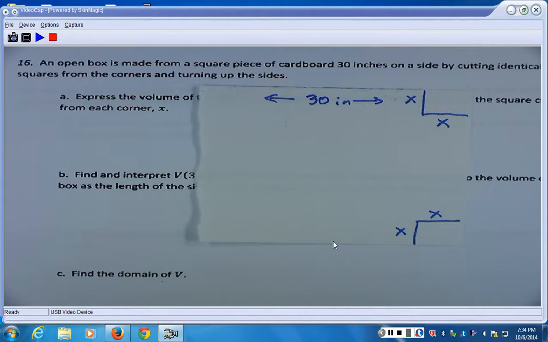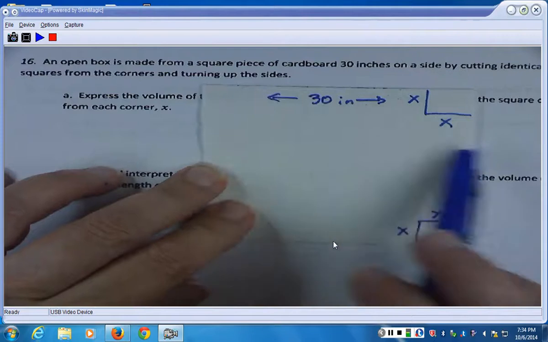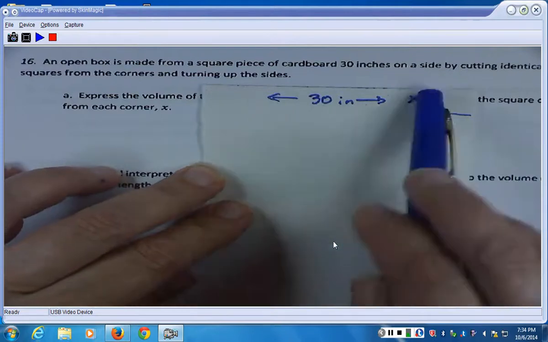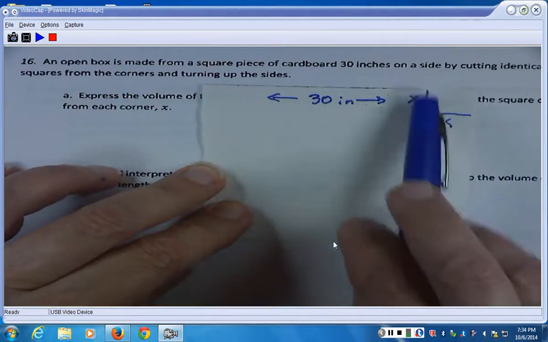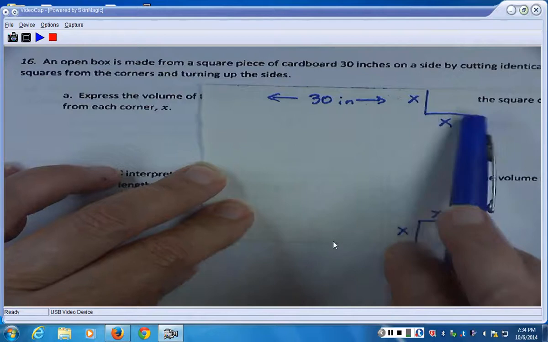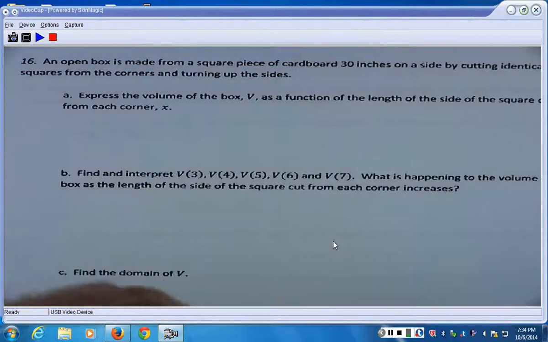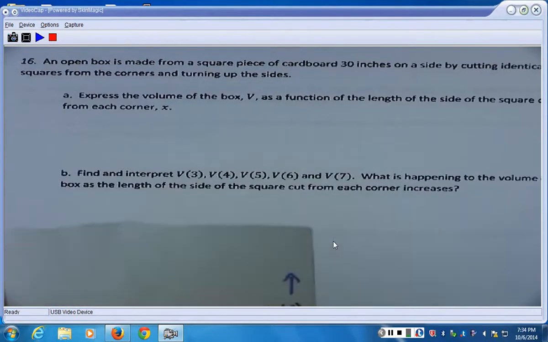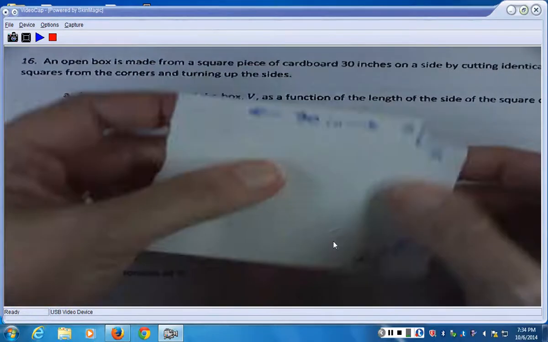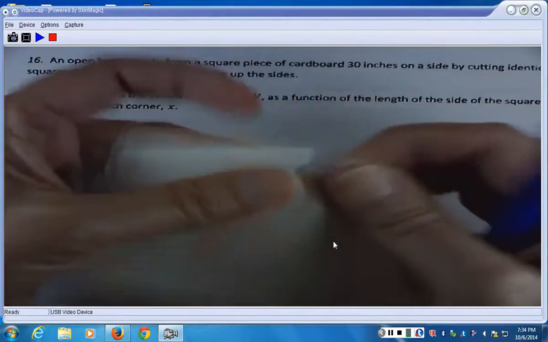Okay, if I got a square that's 30 inches on the side, this is not to scale, and then I'm cutting a corner out that's X distance. And I cut this corner out, and I cut this corner out, since I didn't bring scissors.